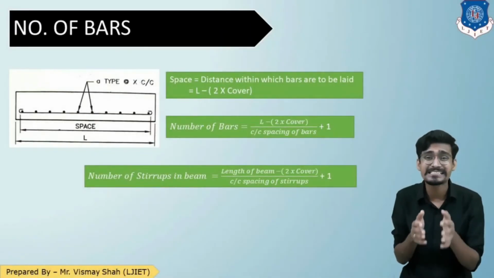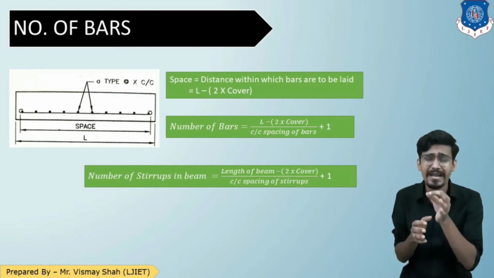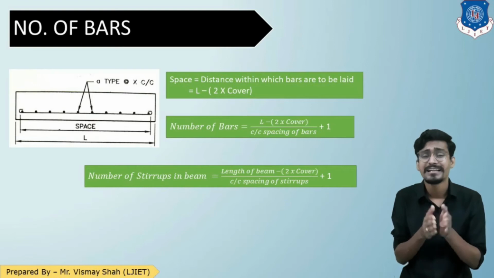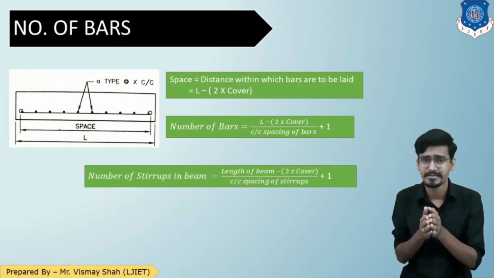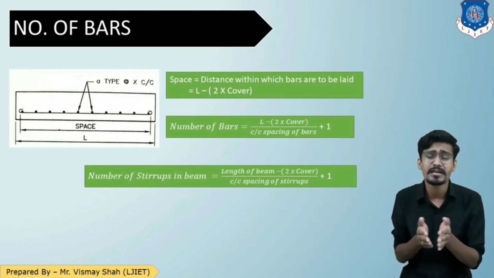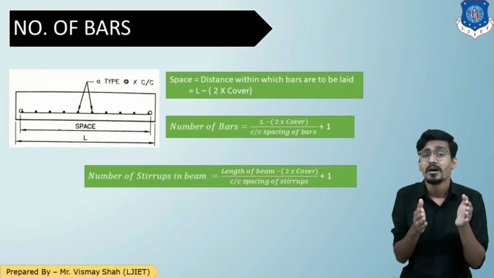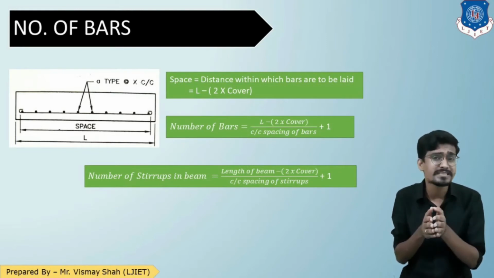And our last fundamental, which is very important, students, this you need to understand very well, that is number of bars. Students, generally if you are referring to an AutoCAD drawing or a manual printed drawing, it is not up to the scale.